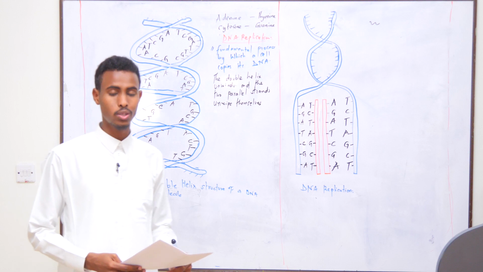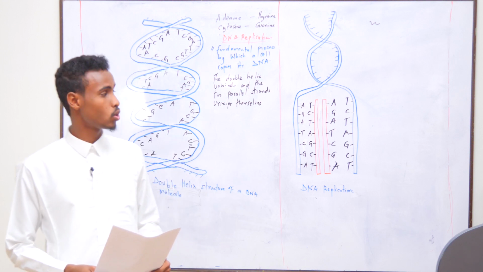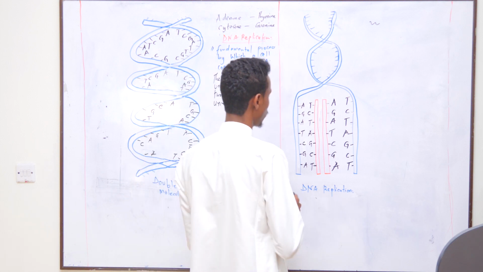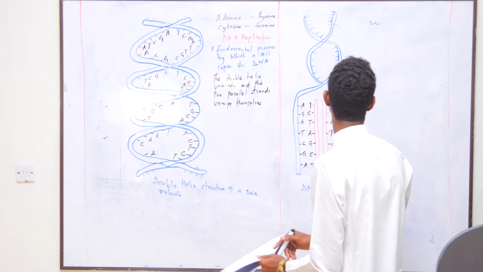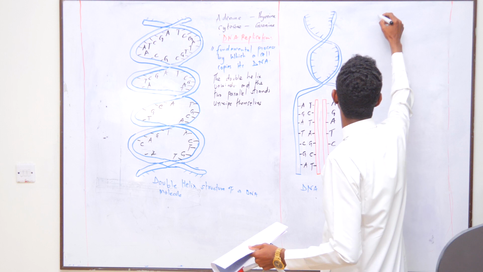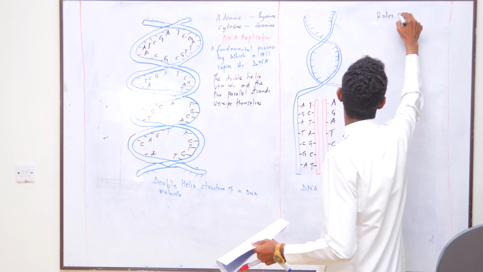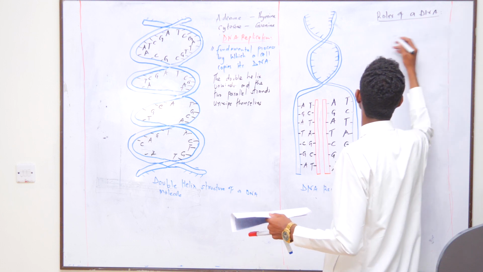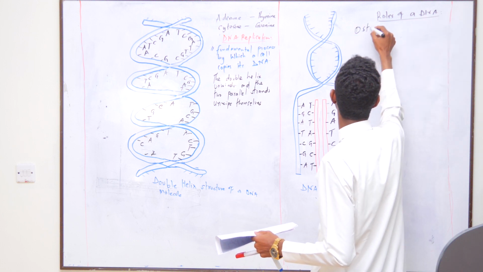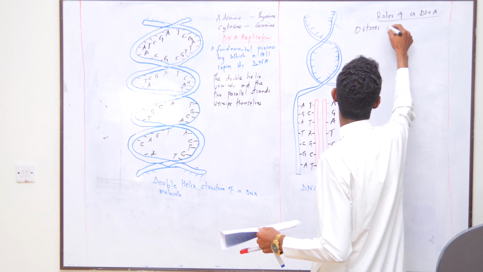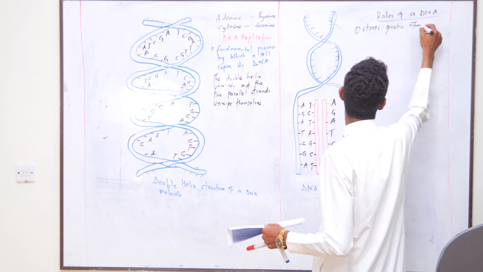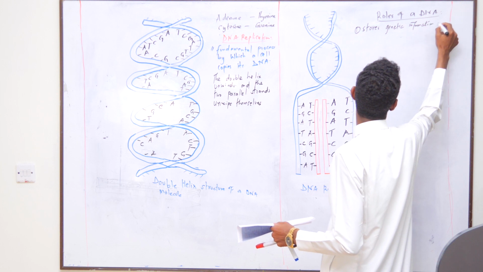Now, class, if I want to look at the roles of DNA, what are some of the roles of DNA? Class, role number one of DNA is that it stores genetic information in a coded form.